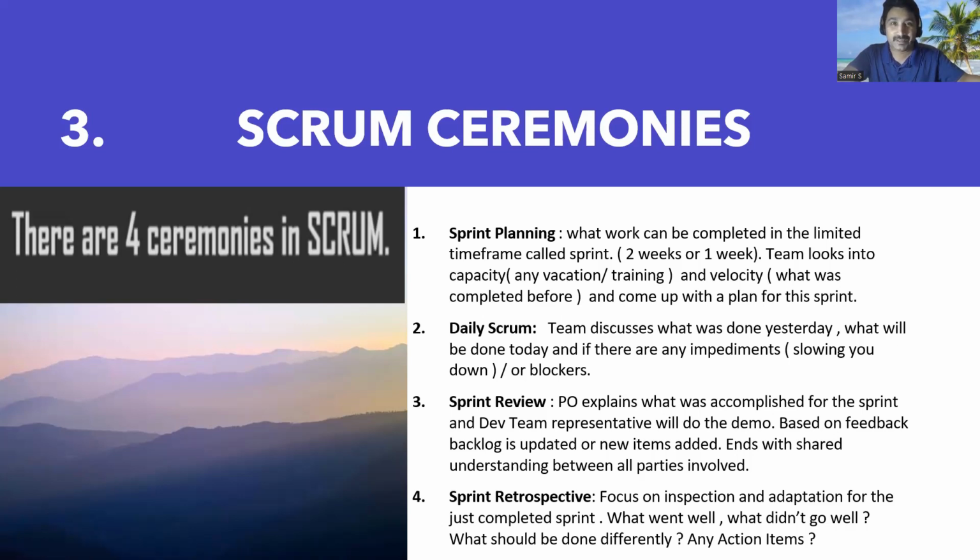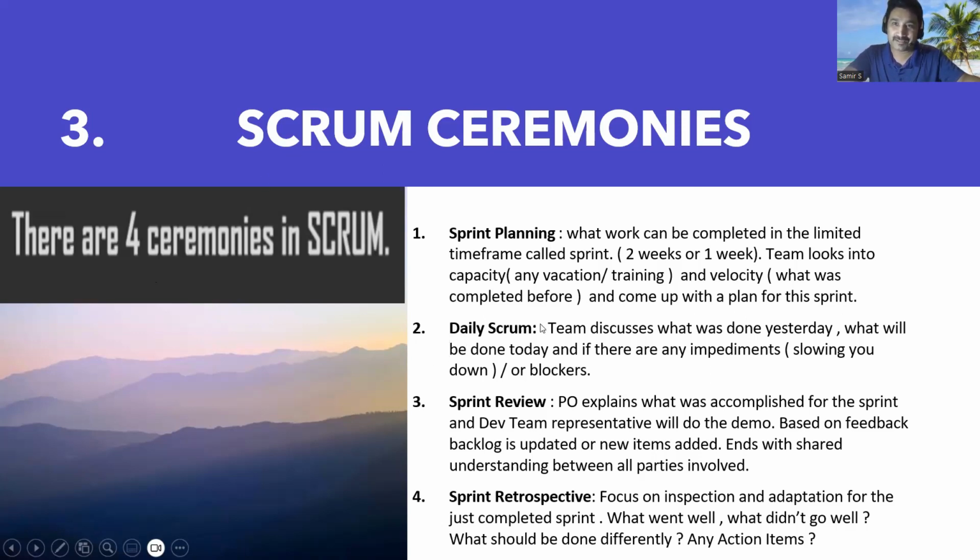But if 2 resources are taking vacation, we need to reduce. If the capacity is reduced, then we need to reduce the velocity as well, right? And so we have to come up with a plan. All these things are discussed in detail in sprint planning. That is what sprint planning is all about, okay? That is one of the ceremonies in Scrum.